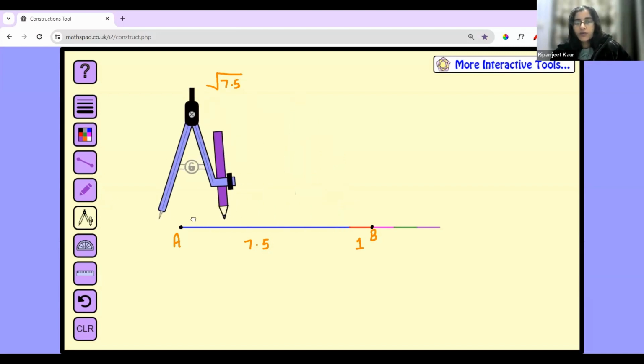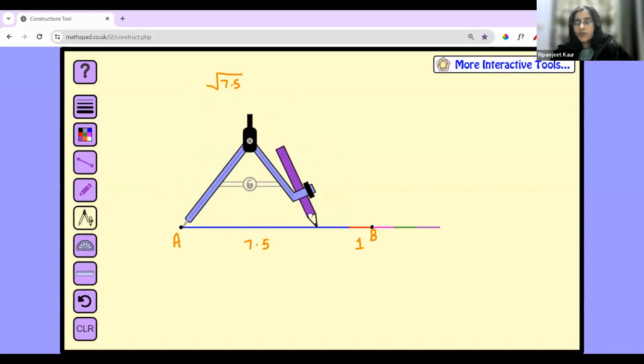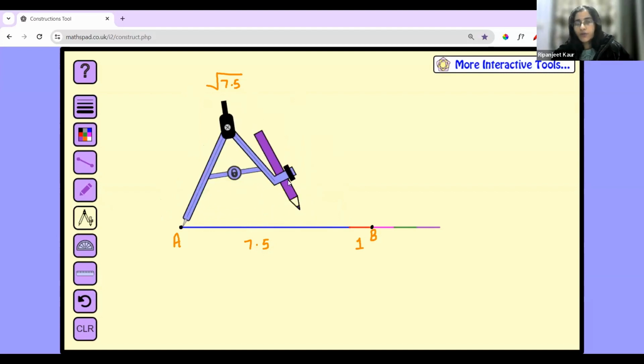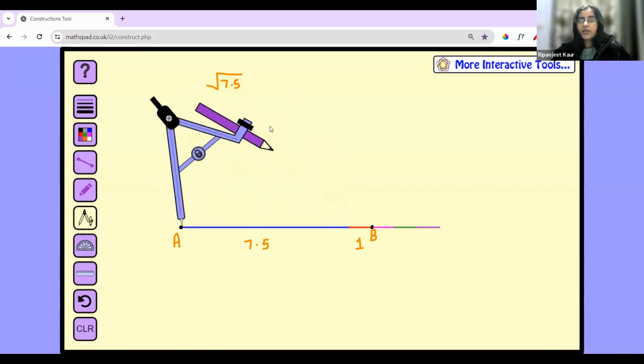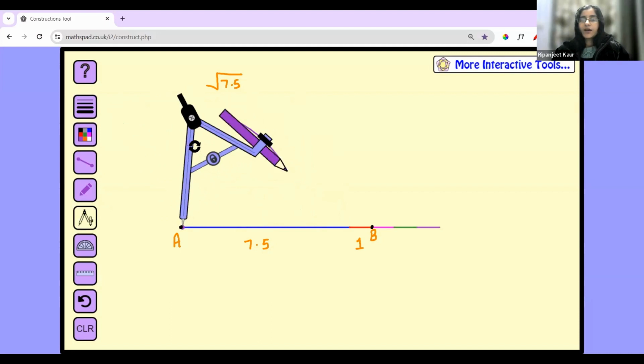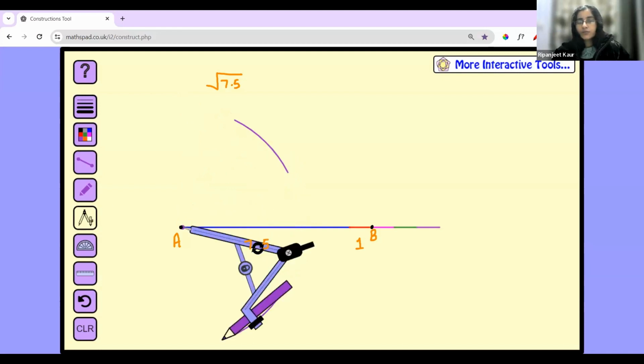For that, open this compass a little more than half of this line AB. After opening this, take the pencil above and make a cut, right? The same cut we are going to make below as well. So make a cut below here.